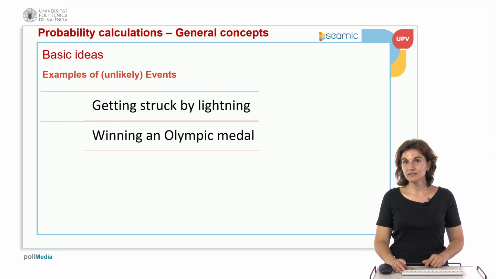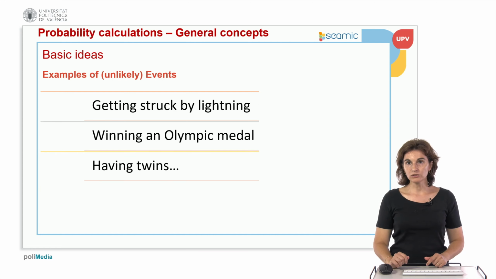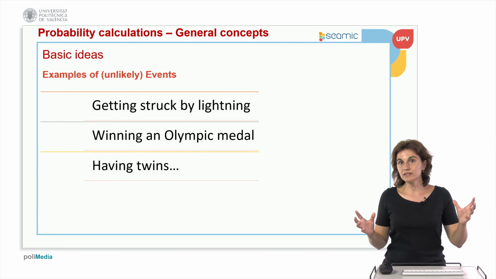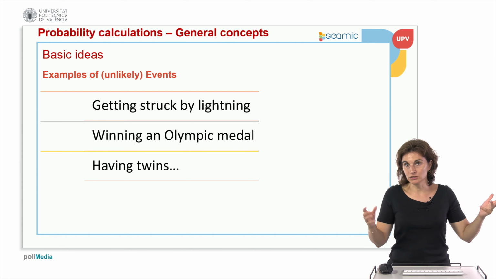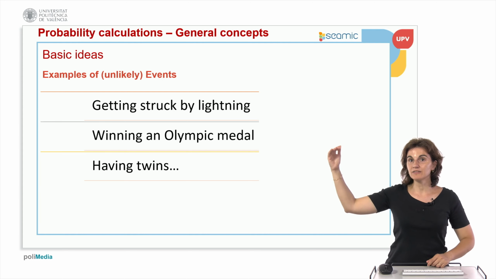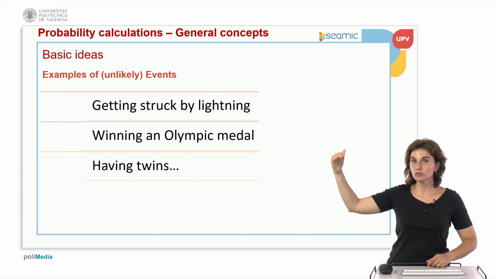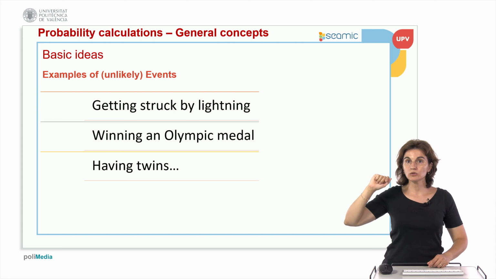It's some event that may happen to us or no. And also we can consider whether it's unlikely or not that we will have twins in the future. So these are several events that may happen, yes or no, and we will learn how to compute the probability linked to each of them.